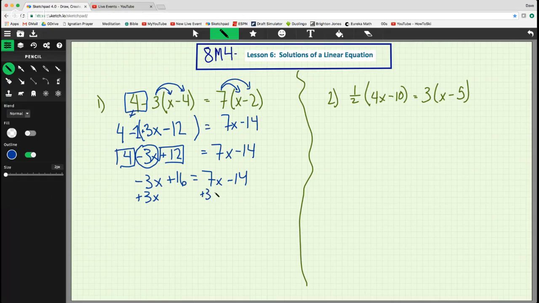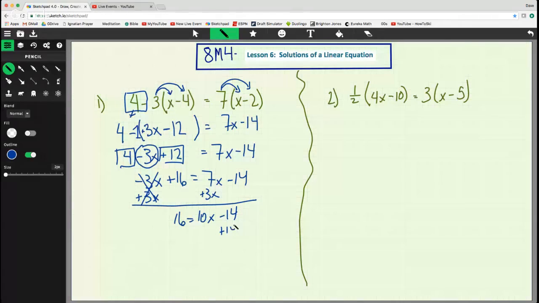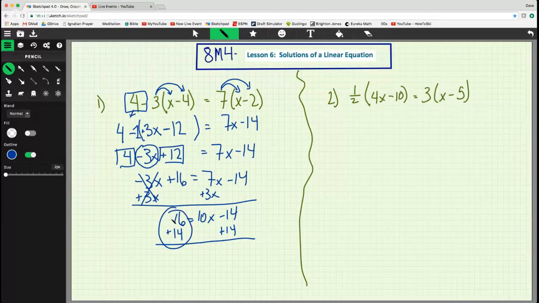So I'm going to add 3x to both sides. This cancels, and I get 16 equals 10x minus 14. Now I'm going to add 14 to both sides, and so I'm collecting my constant terms on the left and my variable terms on my right. So this will cancel, and I get 30 equals 10x, and this is working out nicely. And now I'll use my division property, and I'll get x equals 3.